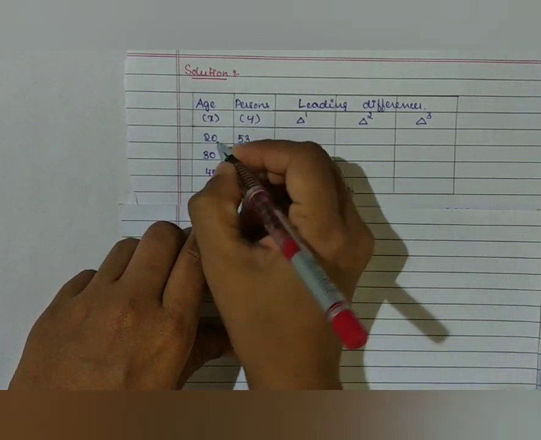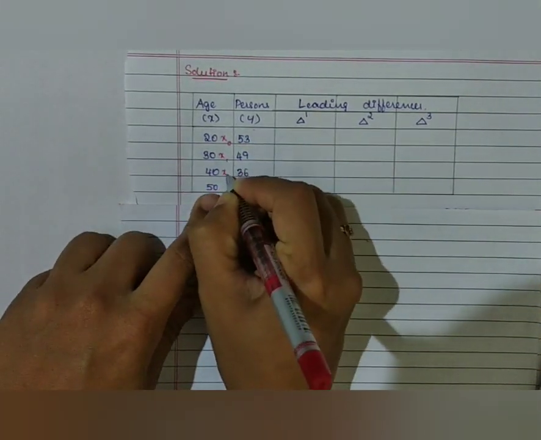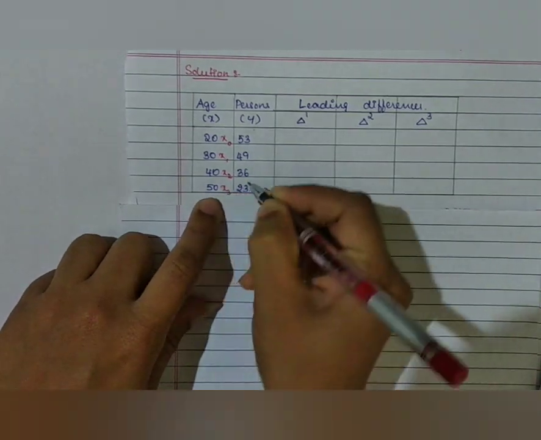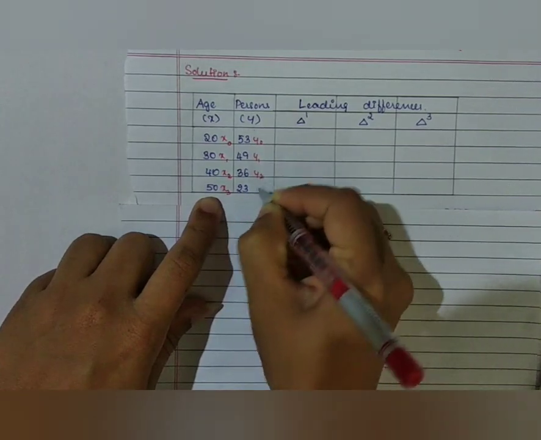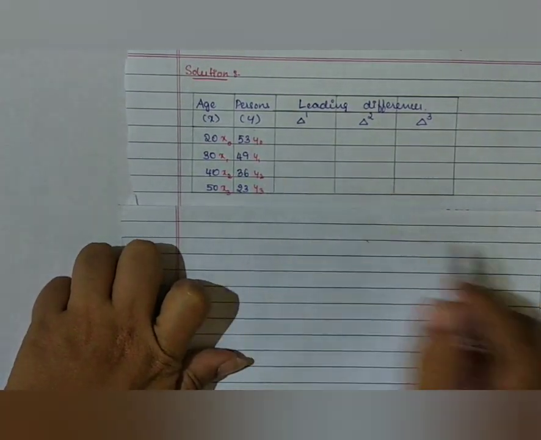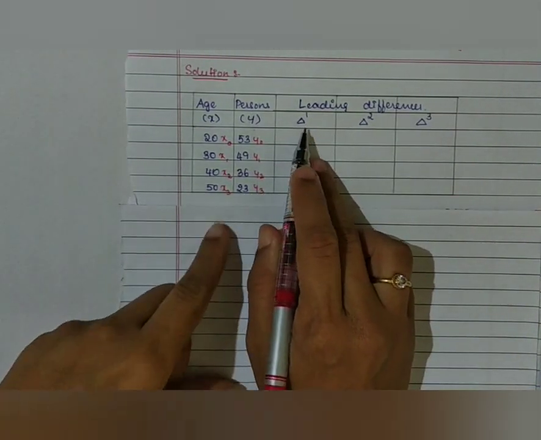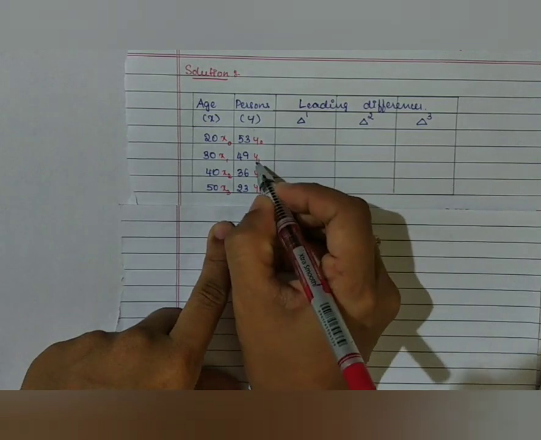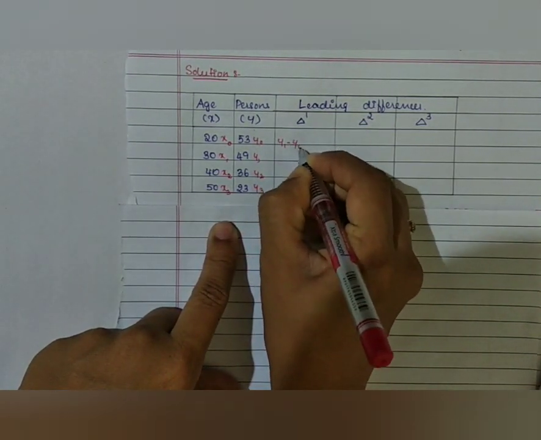Here, let me write down x0, x1, x2, x3 and y0, y1, y2 and y3. When you are calculating the first leading differences, it is always y1 minus y0.